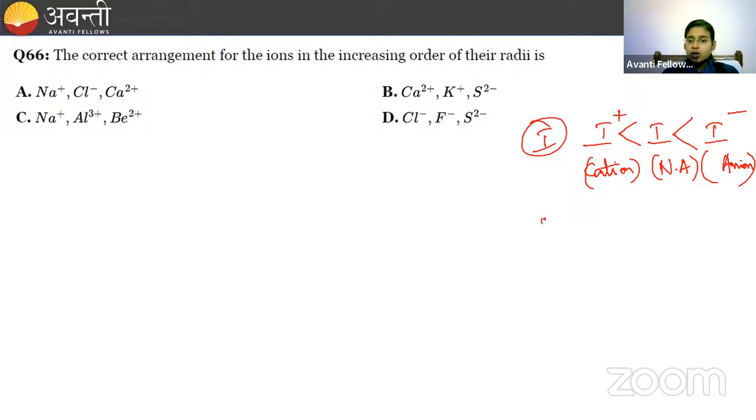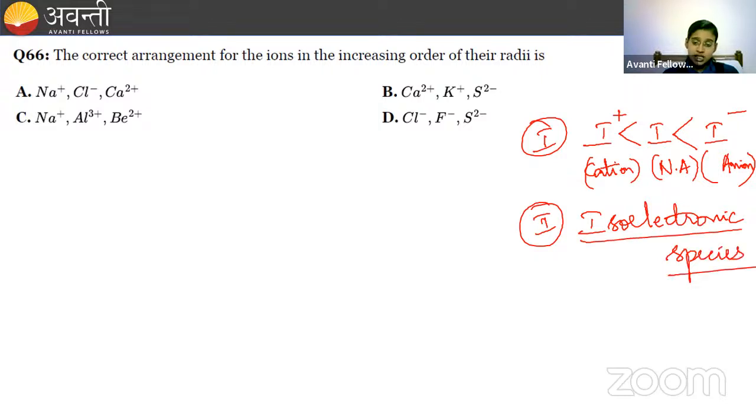Then we have one more relation. That is for isoelectronic species. Isoelectronic species means species containing the same number of electrons. Here the ionic size is inversely proportional to the atomic number.